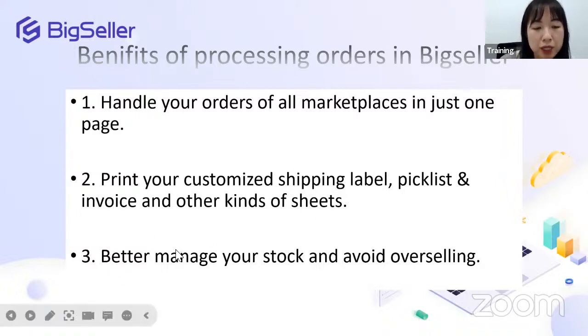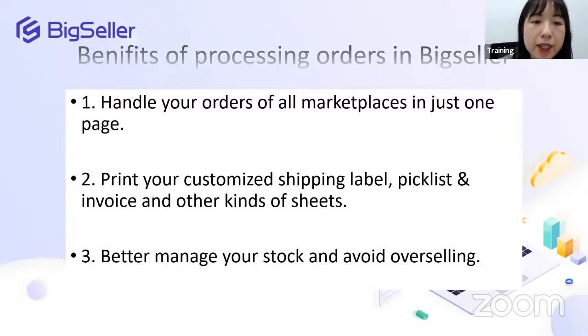And the last benefit, you can better manage your stock and avoid overselling if you process the order in Big Seller. This stock management and overselling issue will be in our next topic, the inventory feature. Okay, so here we have finished the first topic, order processing.